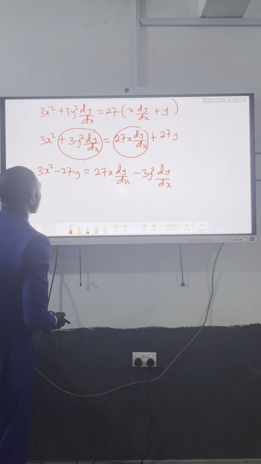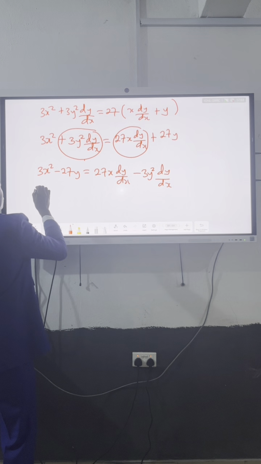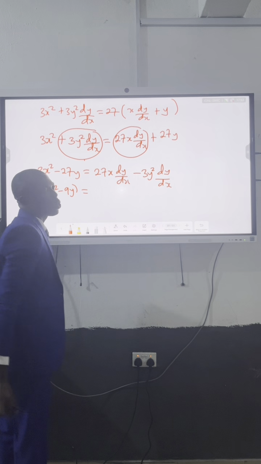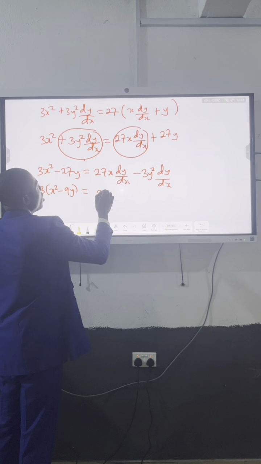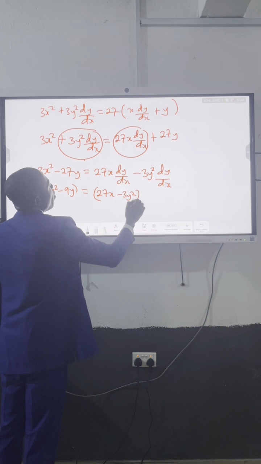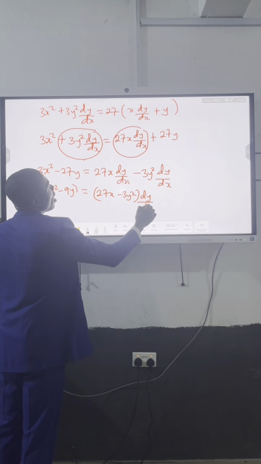But you can factorize 3. 3 is common to the two of them. You can say 3 into x squared minus 9y is equal to, and here dy/dx is common to the two of them. So you can have it as 27x minus 3y squared in brackets times dy/dx.